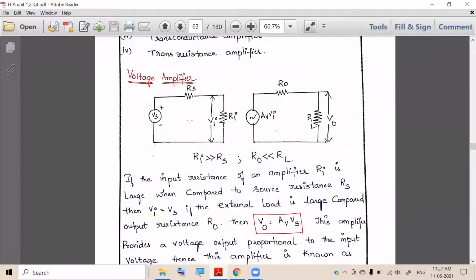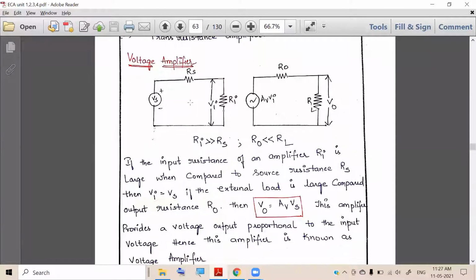So this is a typical amplifier as we have discussed, where Ri is the input resistance of the amplifier, R0 is the output resistance of the amplifier, AV is the voltage gain of the amplifier, Vi is the input to the amplifier block, RL is the load to the amplifier, and Vs is the source voltage with internal resistance Rs.